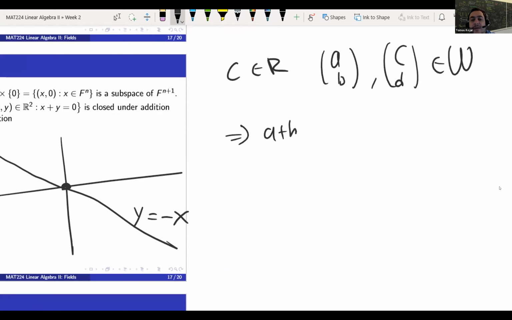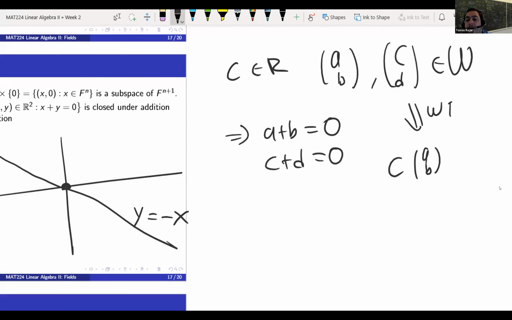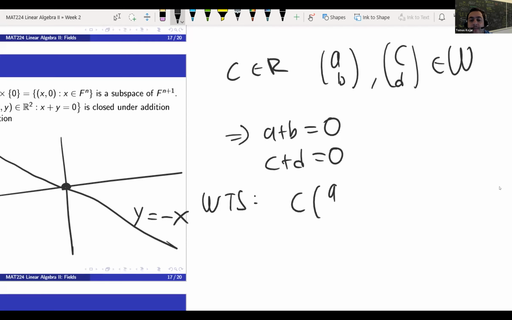It means that A plus B is 0 and C plus D is also 0. We want to show that C times AB, let me write it here, call this lambda.